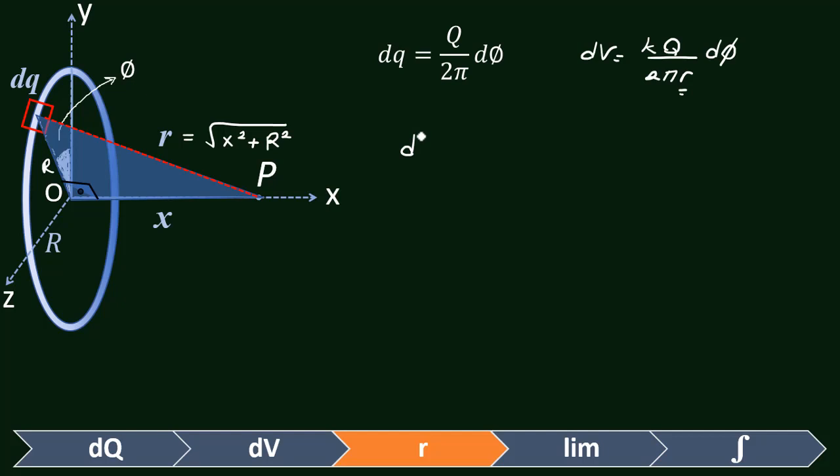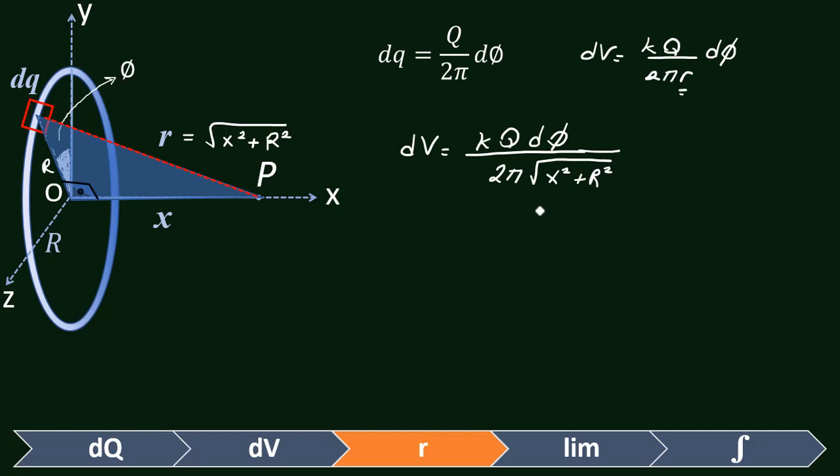Hence, we can rewrite dV as kQ d phi over 2 pi square root of x squared plus capital R squared.